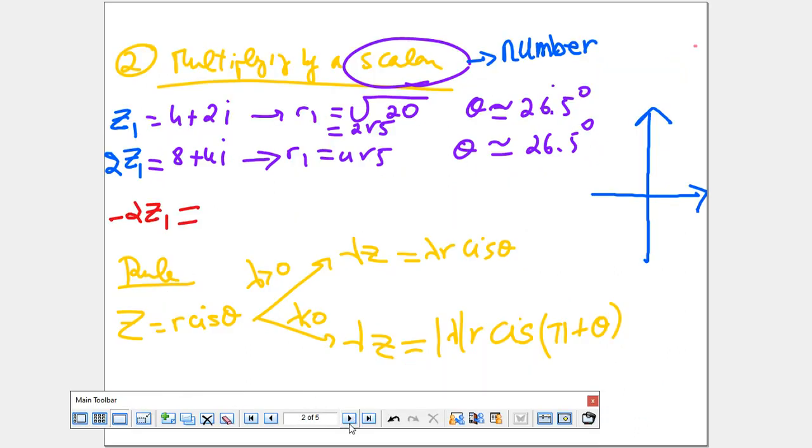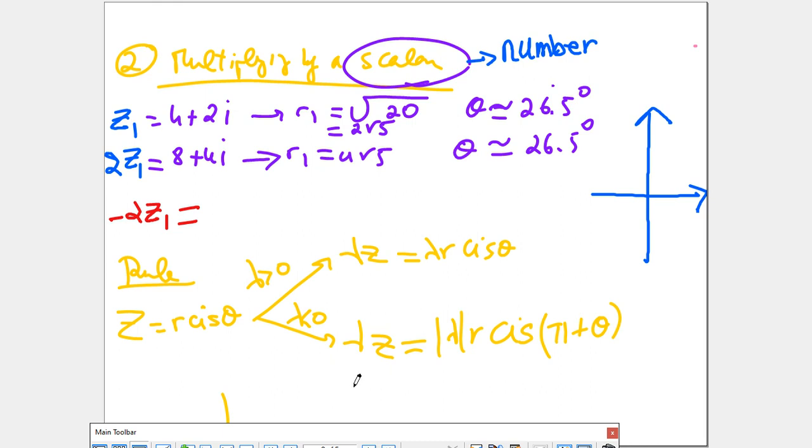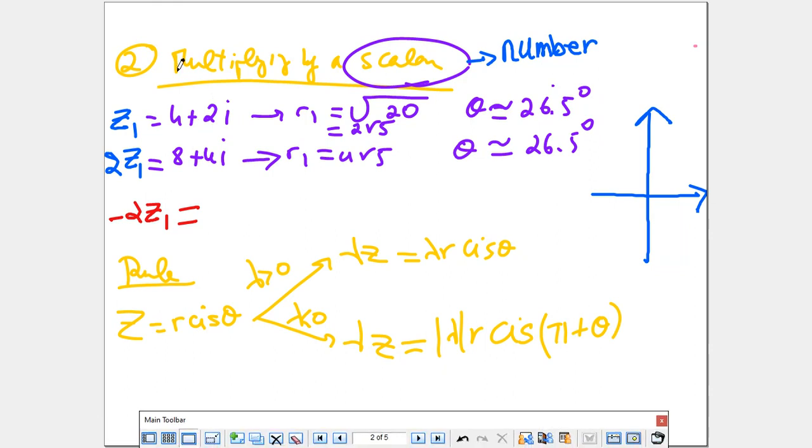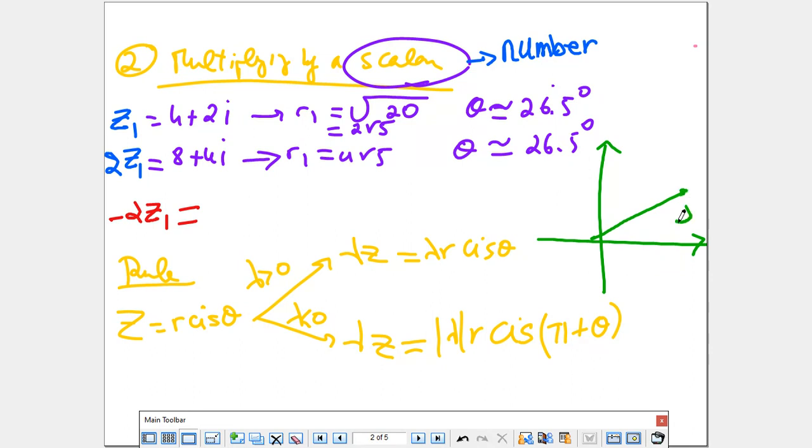Now let's move to multiplying by a scalar. Can we find any relation by multiplying a complex number by a scalar? Scalar means a number. Let's see. I will take again z1 equals 4 plus 2i, in quadrant 1, approximately here. The modulus of this complex number is radical 16 plus 4, so radical 20, which is 2 radical 5.